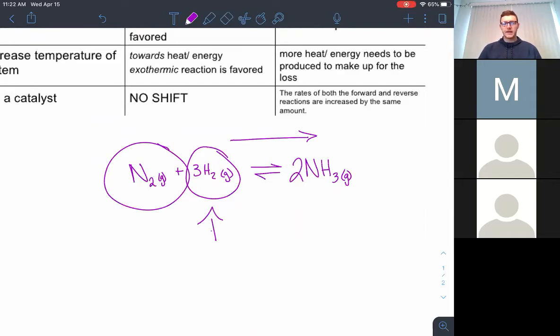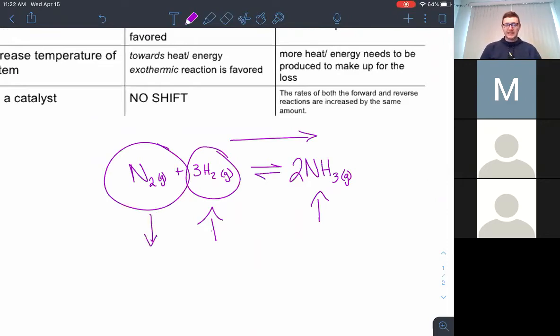Increase. So that one's actually a little bit trickier. It's actually going to decrease because remember, if we added more hydrogen and the reaction then shifts towards the products, now I'm making more ammonia. So it shifts towards the product, making more ammonia afterwards. That means more nitrogen is getting used up.